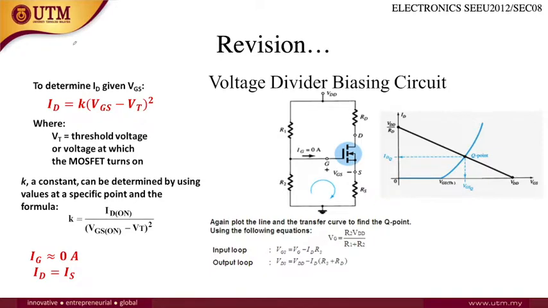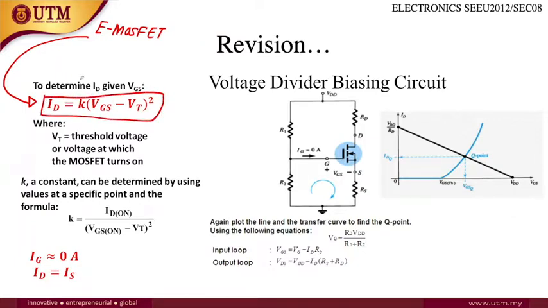So as I mentioned, in FETs, which is the field effect transistor, we will focus on the E-MOSFET, right? Regarding the E-MOSFET, the equation that is really important is this equation that you need to memorize.